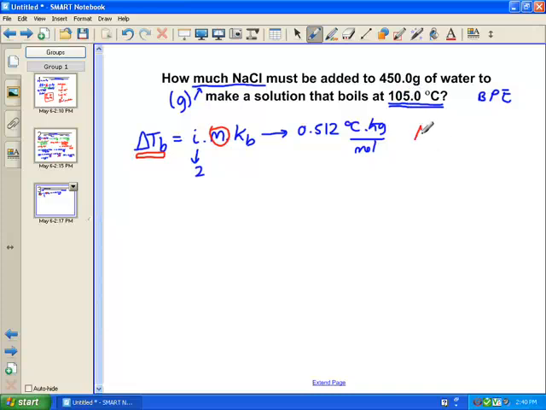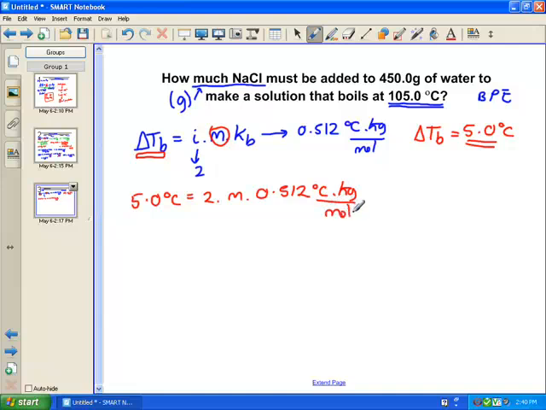So therefore in this case our boiling point elevation is 5.0 degrees C. And that's particularly important because now we can sub that in here. So we know we have 5.0 degrees C. Our i is 2. Our m is what we're trying to find. And our kb is 0.512 degrees C kilogram per mole.